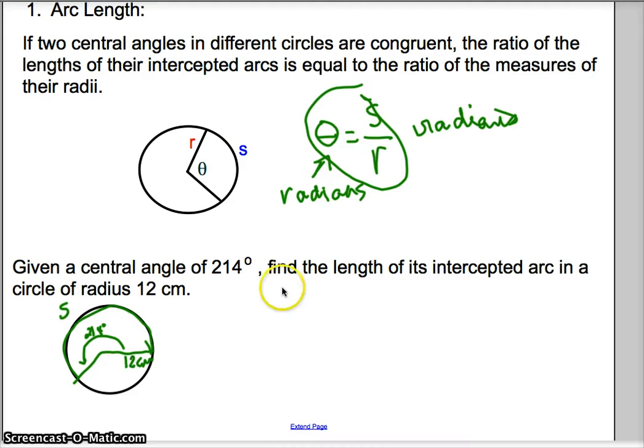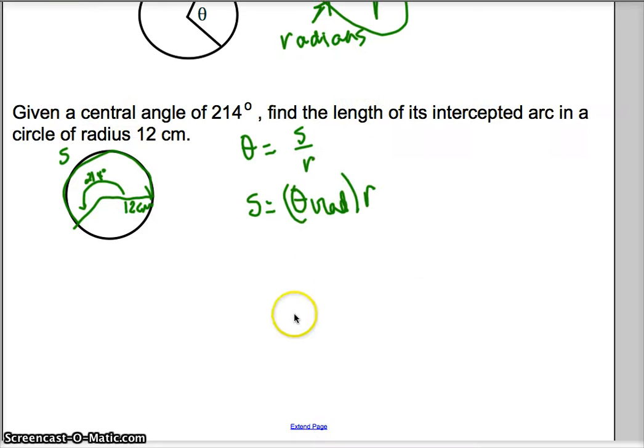So if we begin with our formula, theta equals s divided by r, and solve this equation for s, we have s is equal to theta radians times r, which is the radius. We have everything we need. So our arc length is our angle measure, which is in degrees.